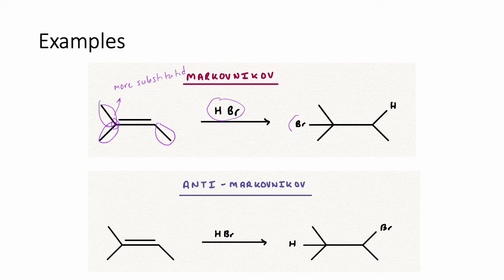And so in this case, the bromine is attached to the more substituted carbon, and bromine is heavier than hydrogen. In the next example, I have anti-Markovnikov addition, and now, as you can see, bromine is added to the less substituted carbon.